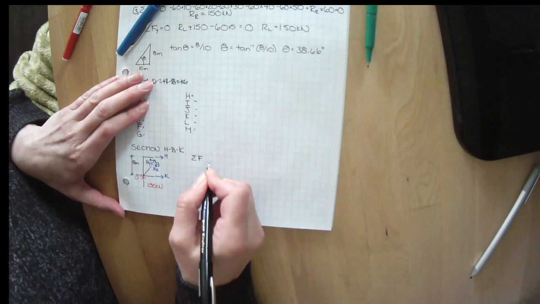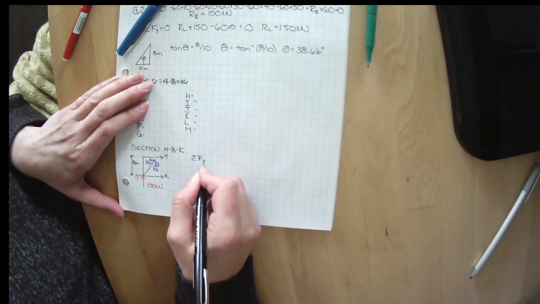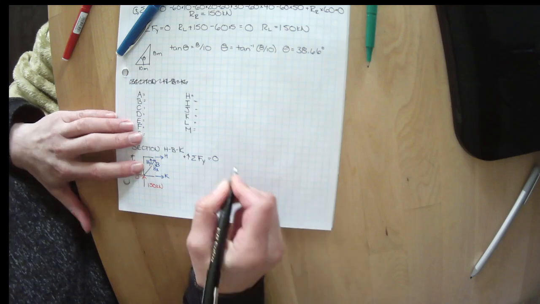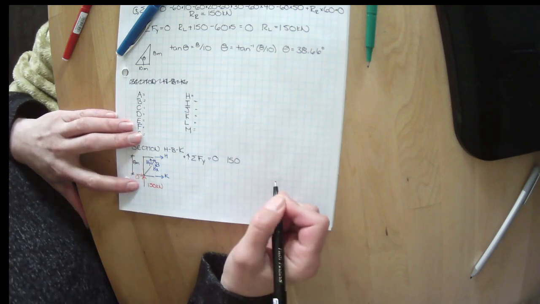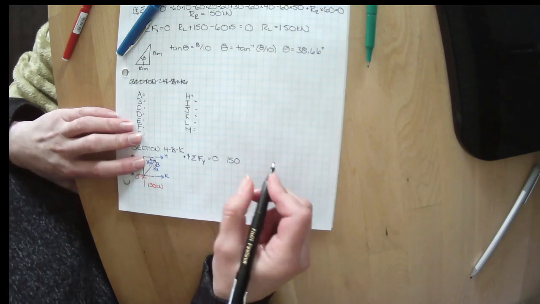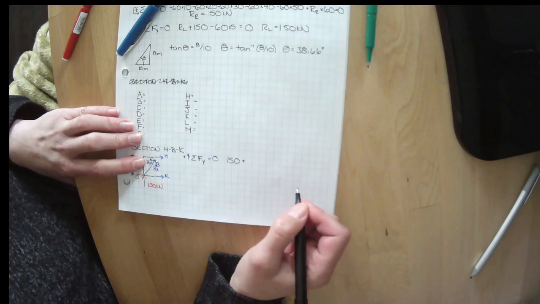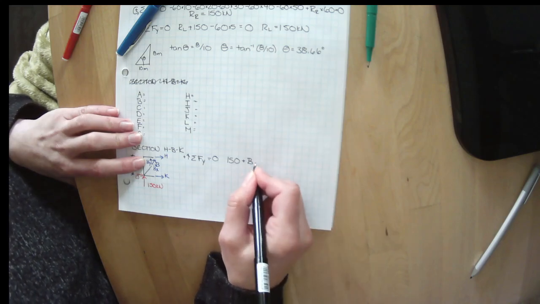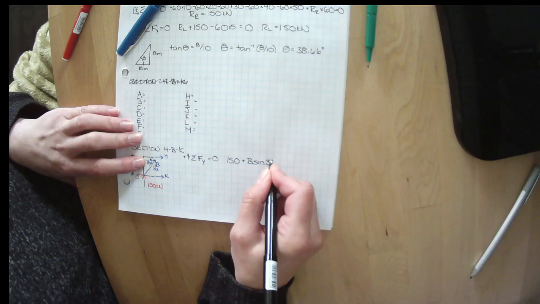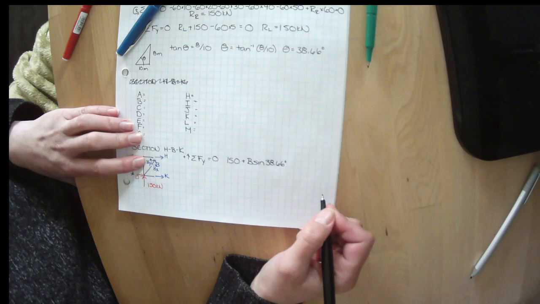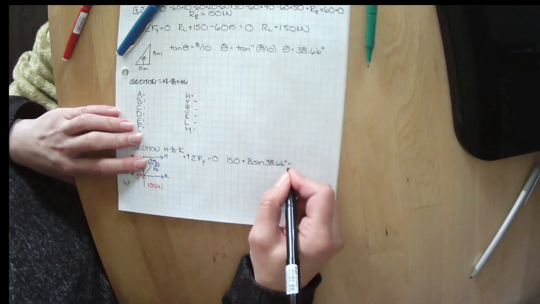So let's sum our forces in the y direction. We have 150 kilonewtons going upwards, and we have By going upwards, or plus By, and we know By is B times the sine of our angle, which is 38.66 degrees. Those are the only elements going upwards.